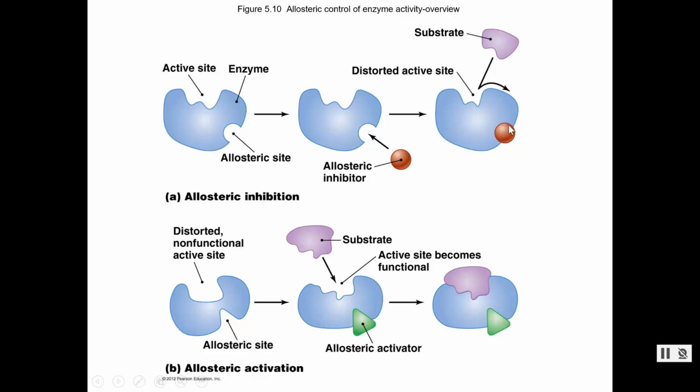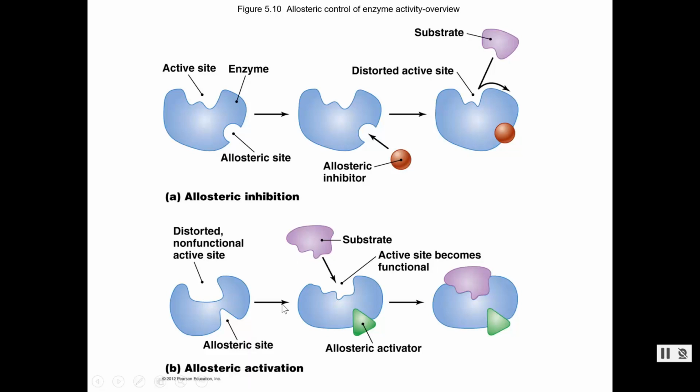Okay, all right, so we can also have allosteric activation. Because we're talking about a site other than the active site, there are some enzymes that we only want to call them in when we need them. They get made, but their active site is non-functional. It's not capable, it doesn't fit to bind the substrate. So it's made with a non-functional active site. But sometimes we need some help.